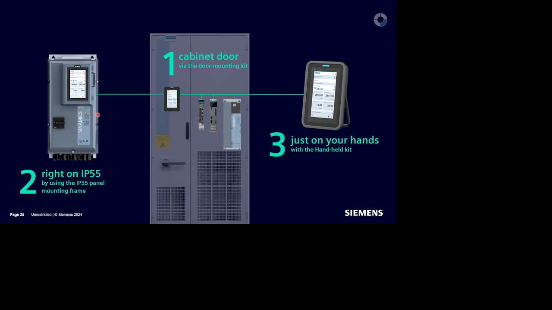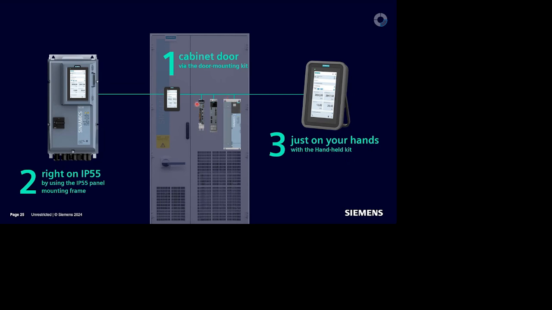And the third one, you can just hold it in your hand with the handheld kit. And if you notice, inside the cabinet, which is one of the most important innovations we have implemented here, with one and only SDI Pro, you can control all the drives inside the cabinet. And this is valid for the Sinamics next generation drives.